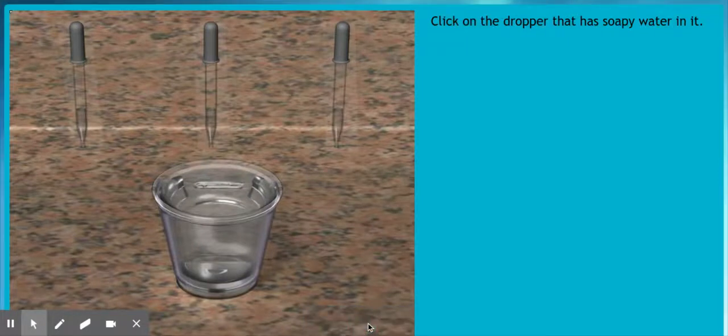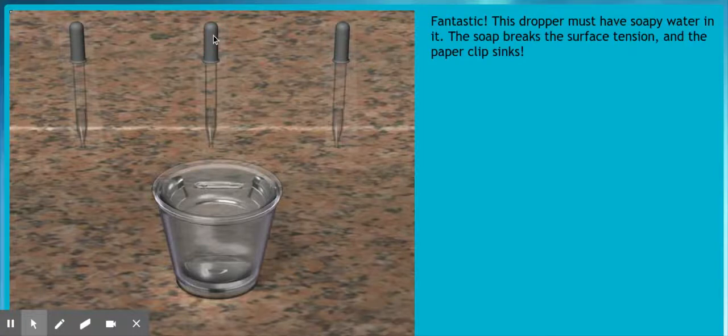Click on the dropper that has soapy water in it. Fantastic! This dropper must have soapy water in it. The soap breaks the surface tension and the paperclip sinks.